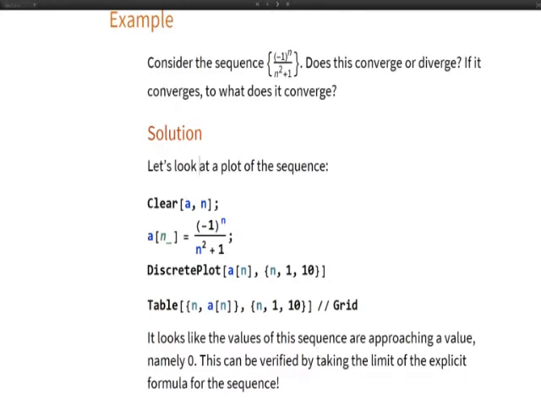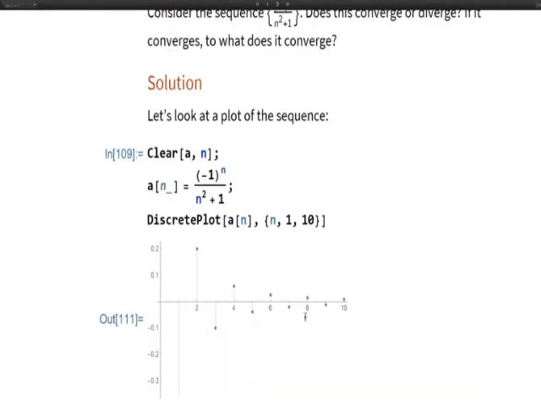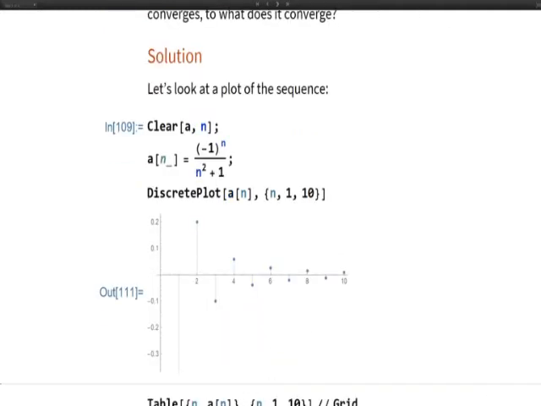Now, a sequence is a list of numbers, it's not a continuous function. So we can use something called DiscretePlot, and here I'm going to graph the first 10 terms of the sequence. What you can see is this thing bounces back and forth.